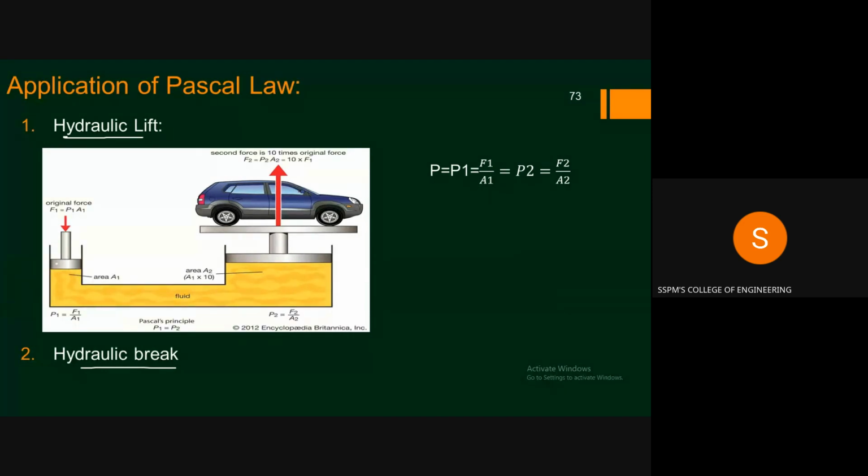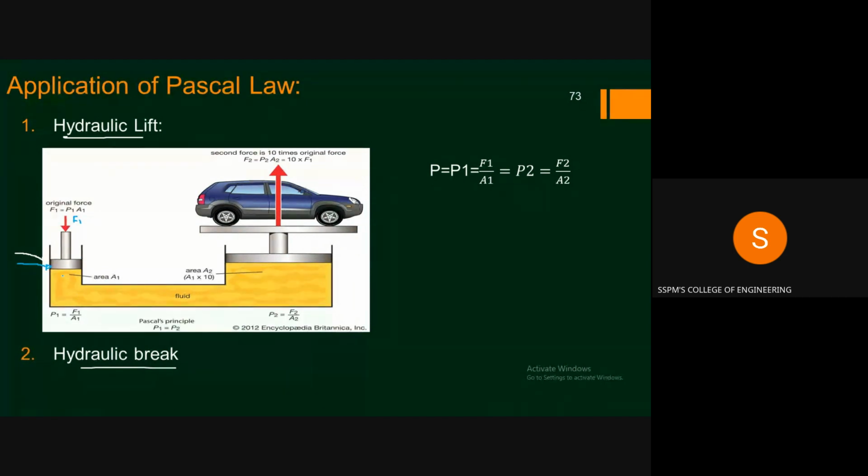You can consider this simple schematic diagram for the hydraulic lift. This is the cylinder, connected to another cylinder having a different cross section. This is the piston of the small cylinder, and we are applying the force F1 on it.